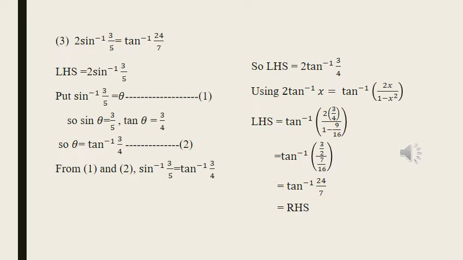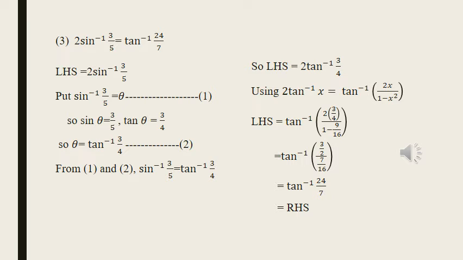So the formula is available provided the left hand side is 2 tan inverse x. So what to do? We assume sin inverse 3 by 5 as theta. You know its value, a sin inverse function value is in angle form. So we assume let sin inverse 3 by 5 equal theta.